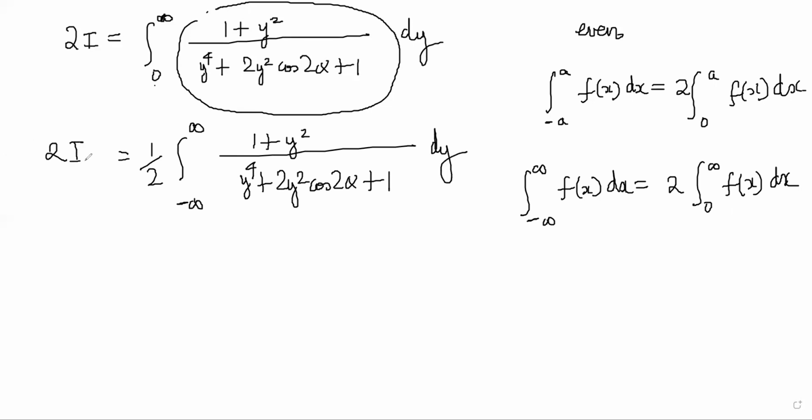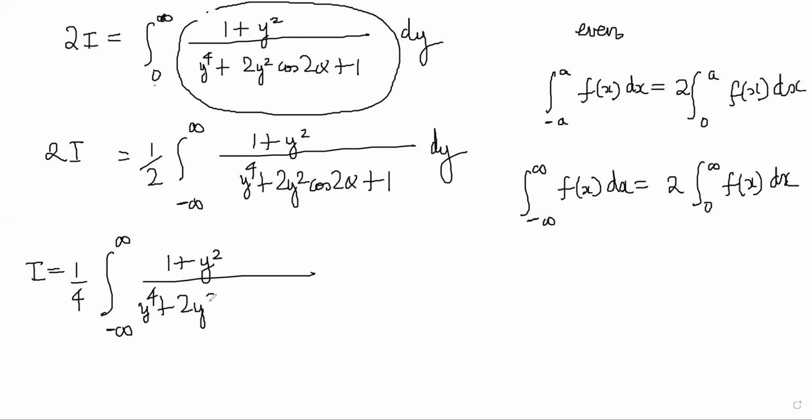And that is 2I. So therefore, I is simply 1 by 4 of the integral from minus infinity to infinity of (1 plus y square) by (y power 4 plus 2y square cos 2 alpha plus 1) dy, right?